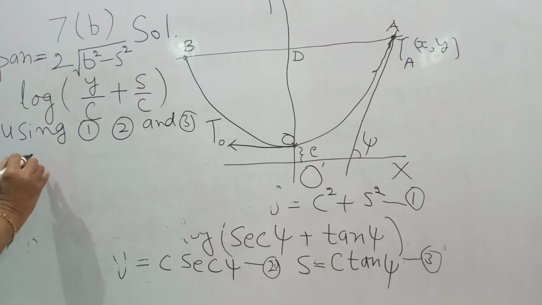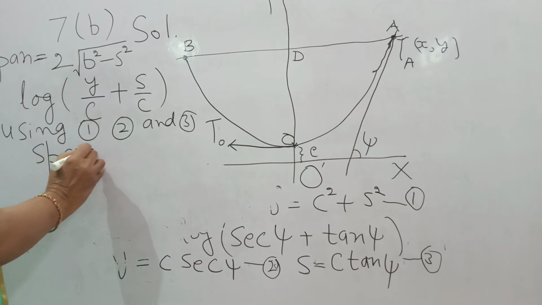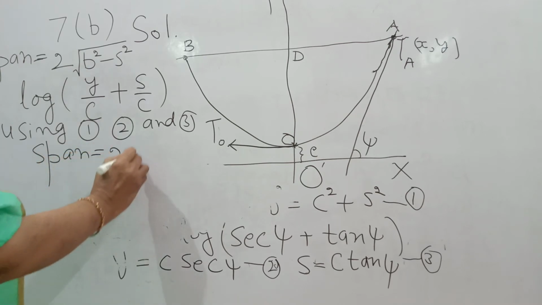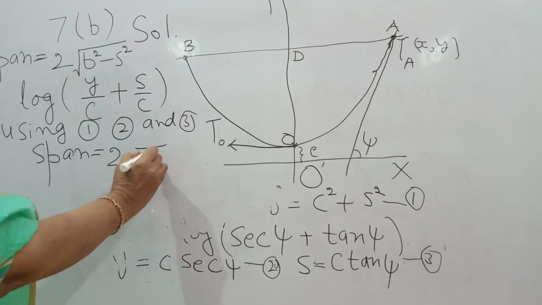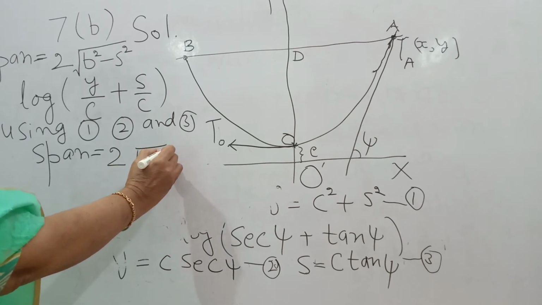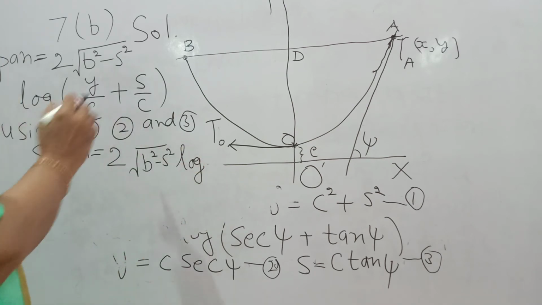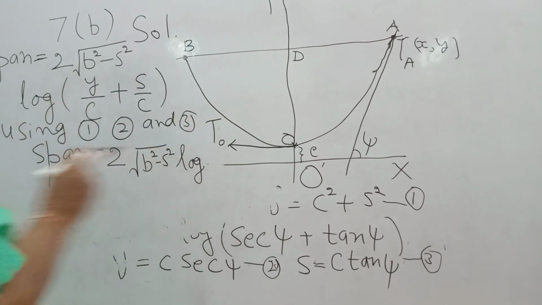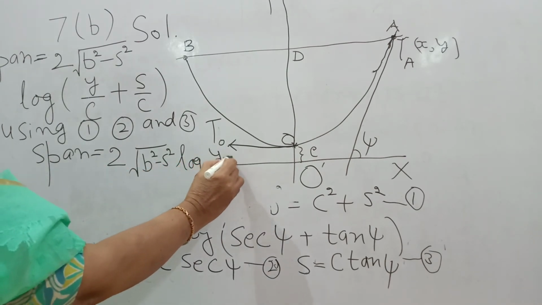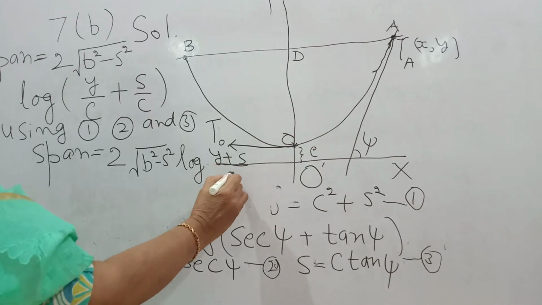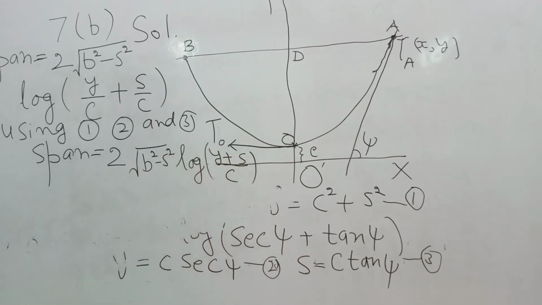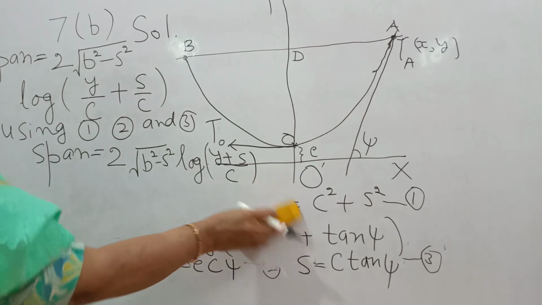So span is coming as 2 times under root B square minus S square log of y plus S divided by C. I think it is okay.